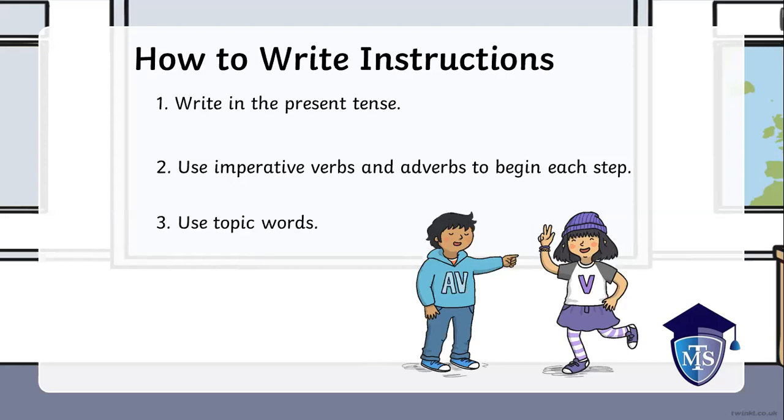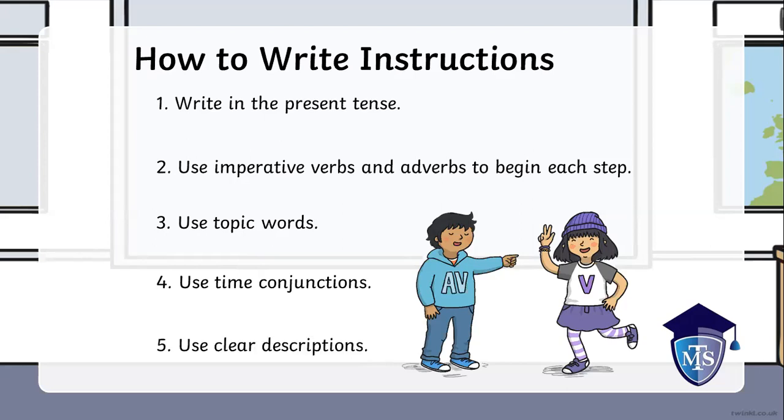Third, we have to use the topic word, which means the most suitable word. We can't say go through the road. No, the most proper word is cross. Four, time conjunctions like first, second, after that, next, and so on.